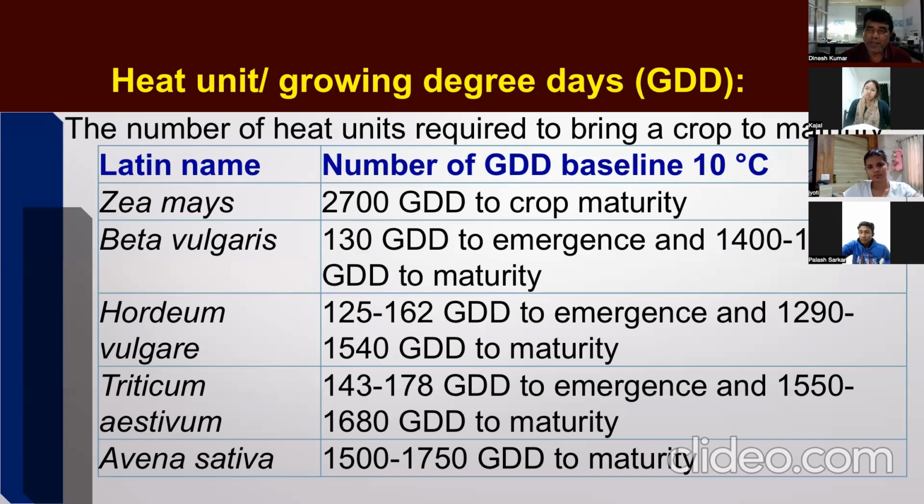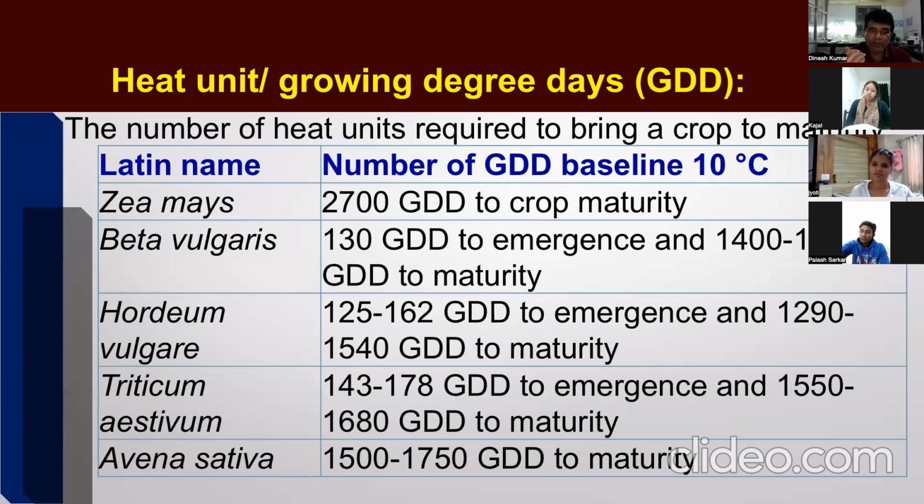And 30 minus base temperature. 10 degrees centigrade is considered as base temperature, meaning nothing will happen to the plant if temperature is below 10 degrees centigrade. So 30 minus 10, 20 degrees heat unit is achieved in 1 day. In 1 day, 20 degree heat unit is achieved by the plant.